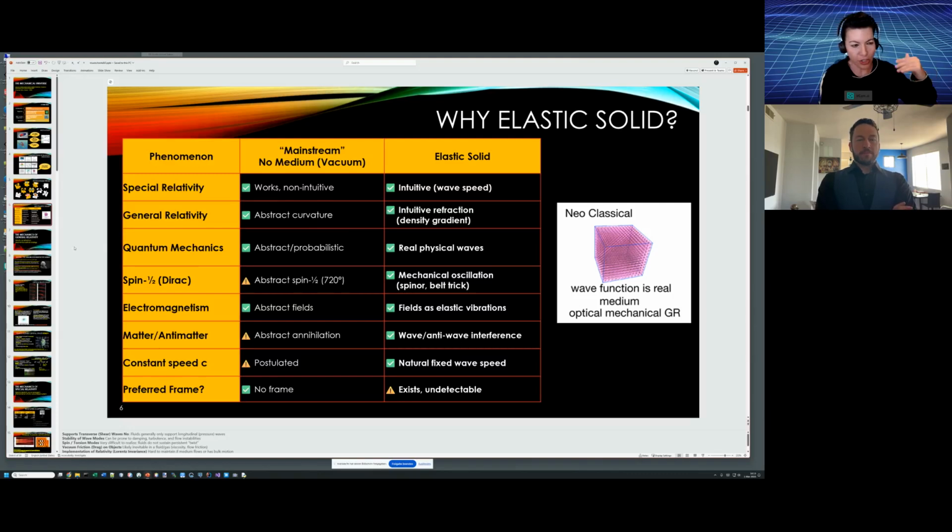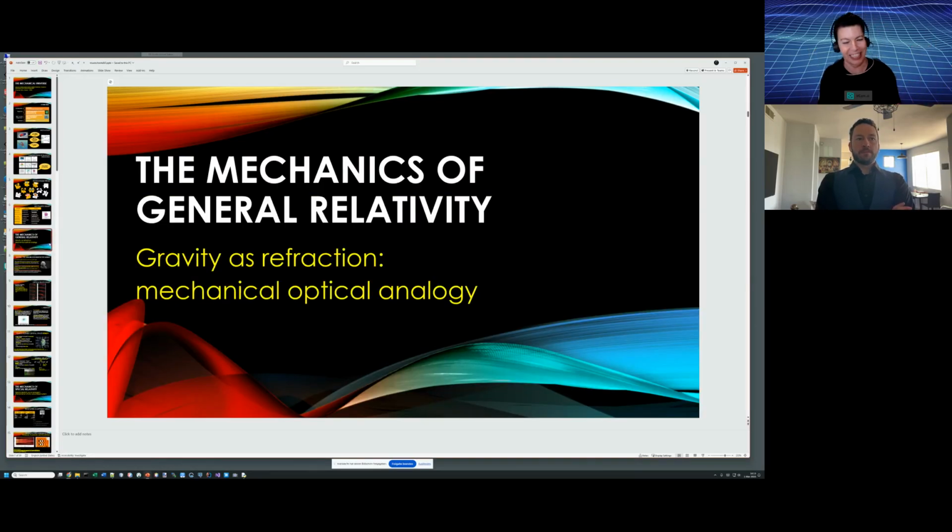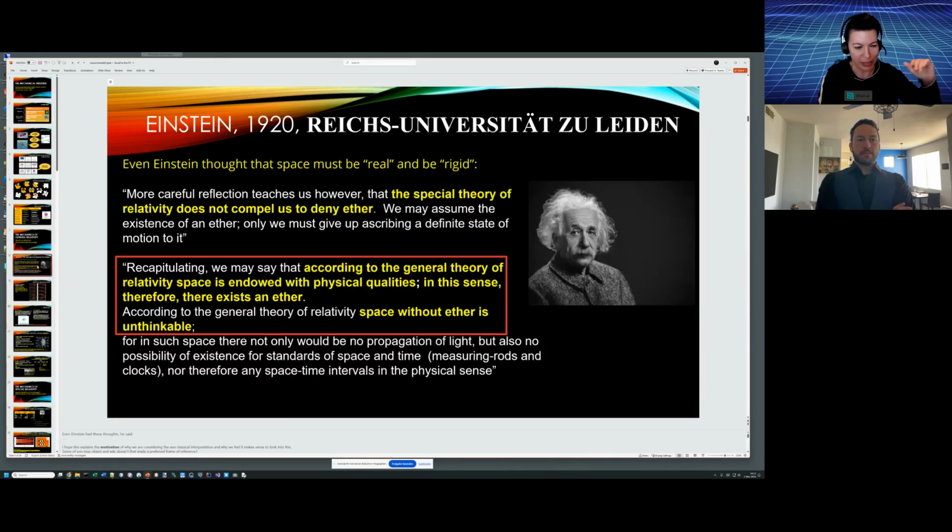So let me just go to the next topic, general relativity. Don't worry, I won't go on much. I don't have time to go into all the details. But just from a historical point of view, even Einstein said that space must be real and actually rigid. He said himself that special relativity does not compel us to deny the ether, and that according to general relativity, space is endowed with physical qualities.